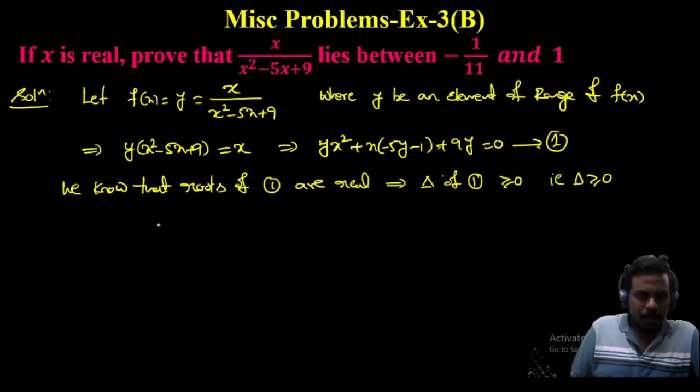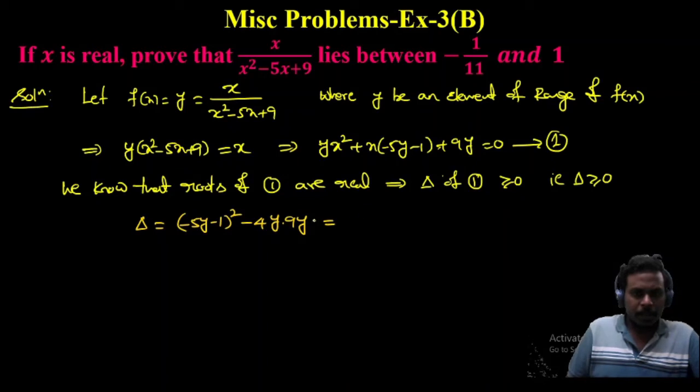Now what is the discriminant? Delta is equal to (minus 5y minus 1) whole square minus 4 into y into 9y, so that must be greater than or equal to 0.